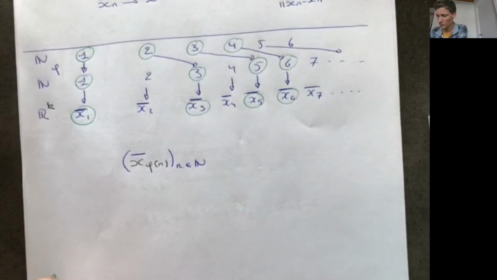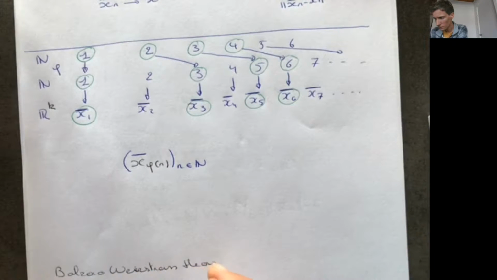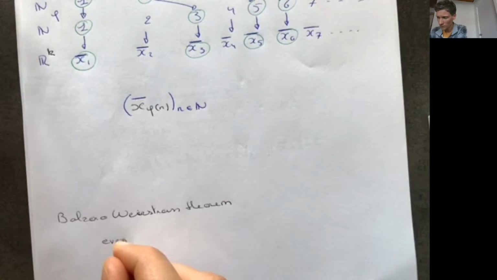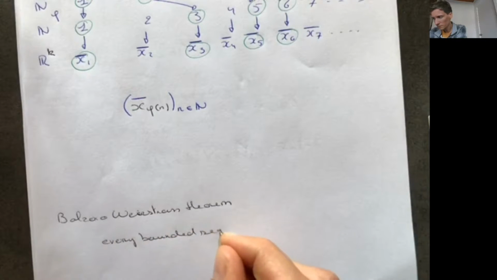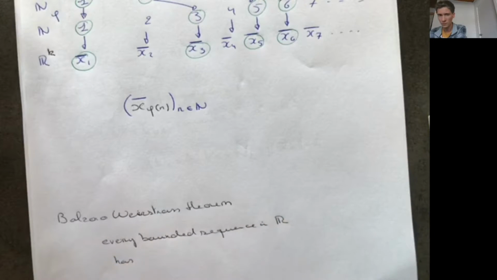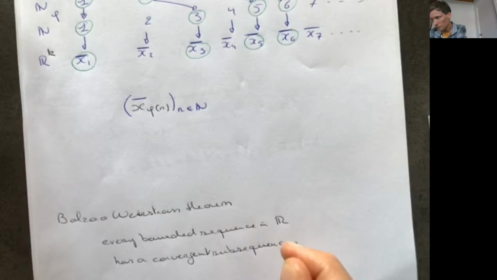Then you had to remember the Bolzano-Weierstrass theorem that says that every bounded sequence in R has a convergent subsequence.